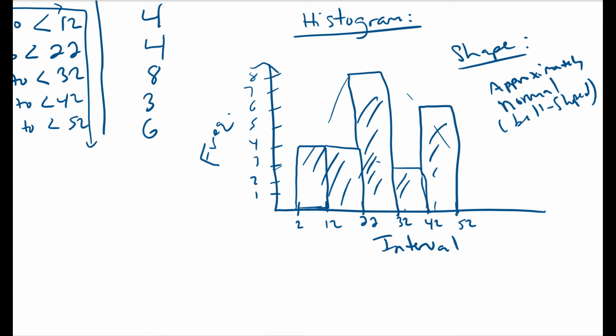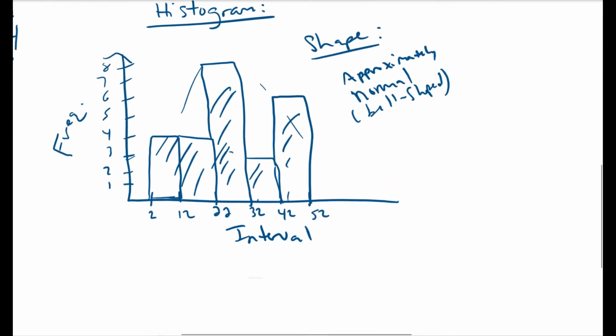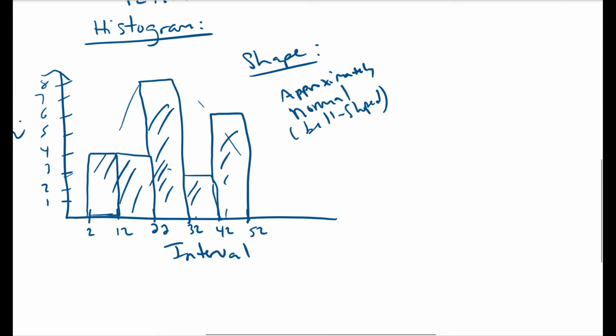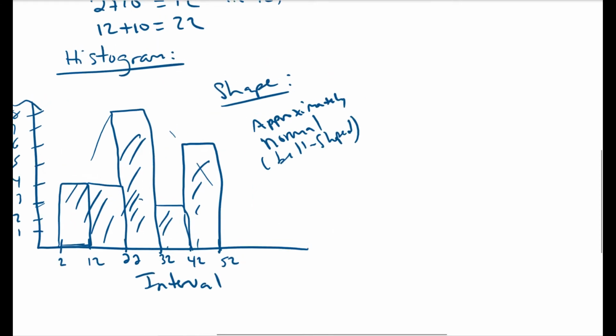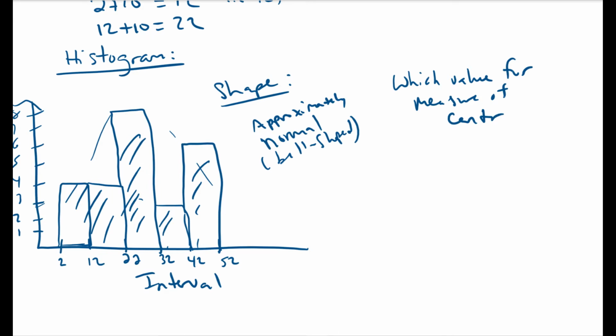Now, because it is approximately normal, this means, so part F is asking the shape. Part G is asking which value should be reported as the measure of center and variability.